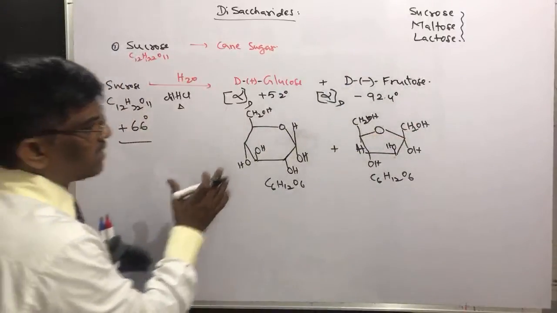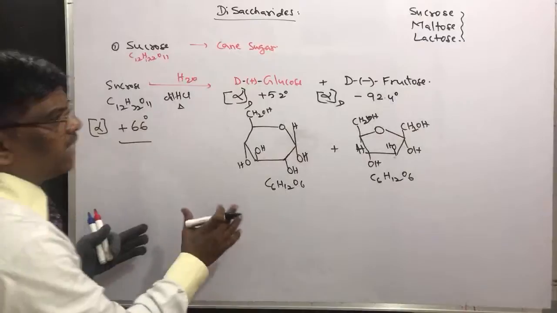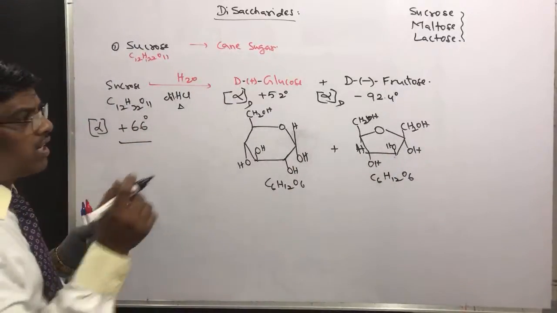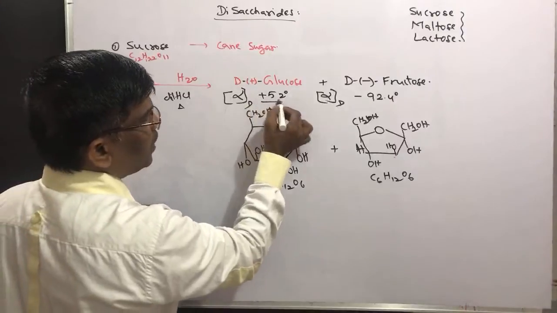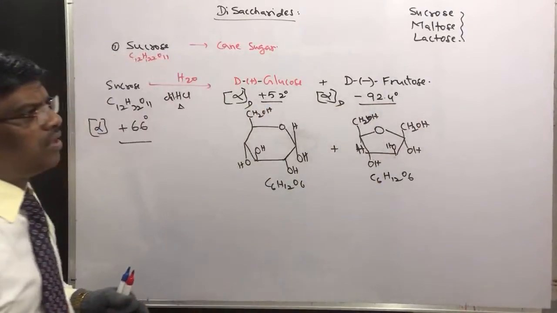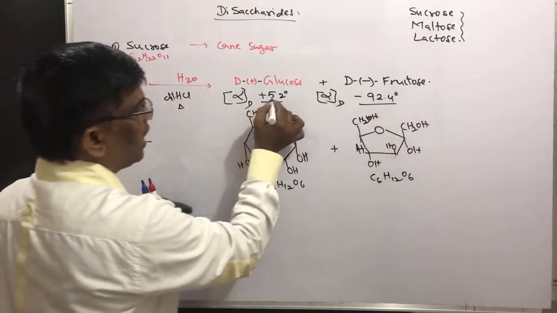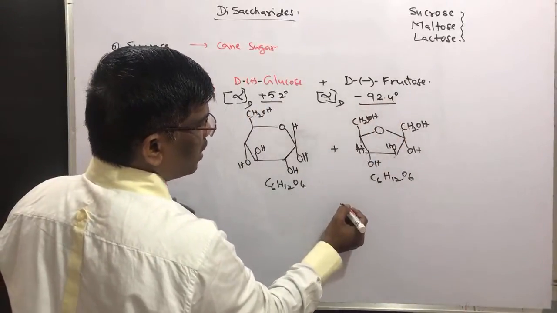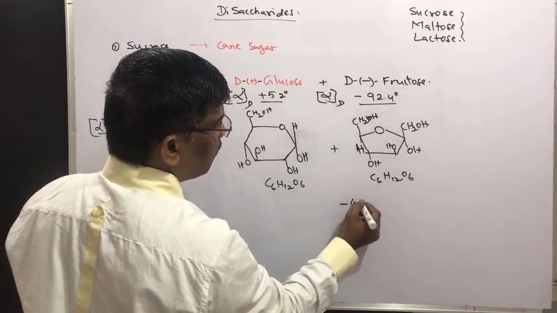So during this hydrolysis, the moment it hydrolyzes, plus 66, what is going to happen? It is going to give plus 52 and minus 92. Right? Overall, if I remove this 52 from minus 92, it is going to give, say, minus 40 degrees.